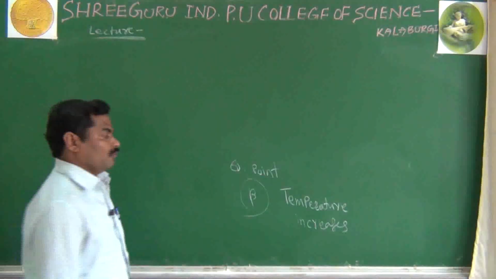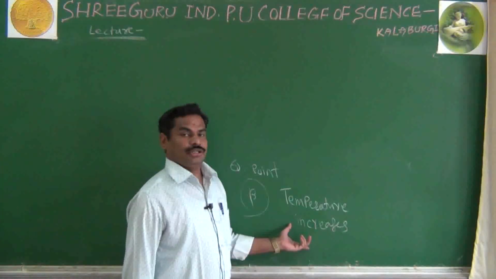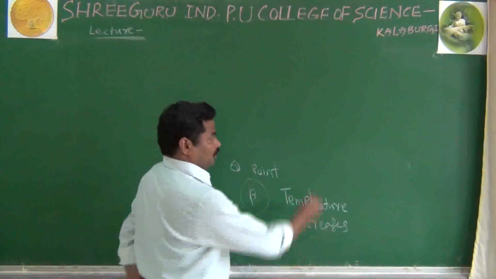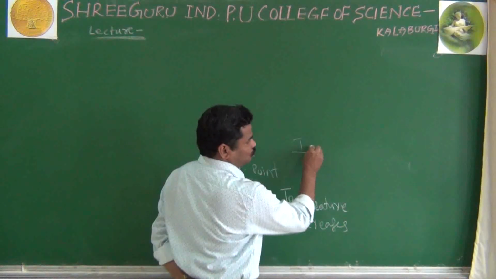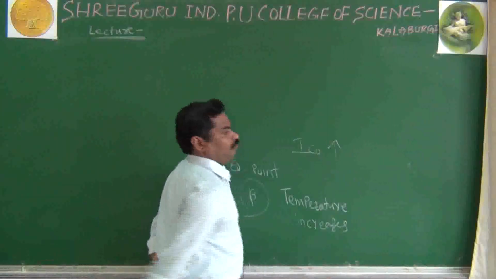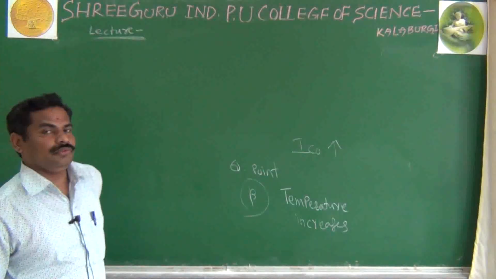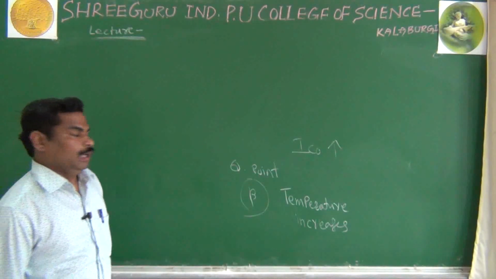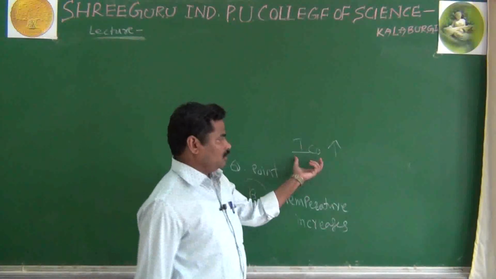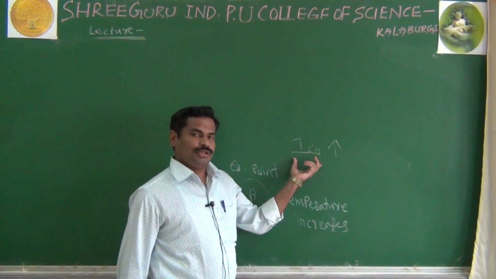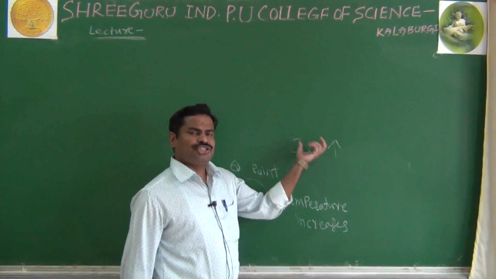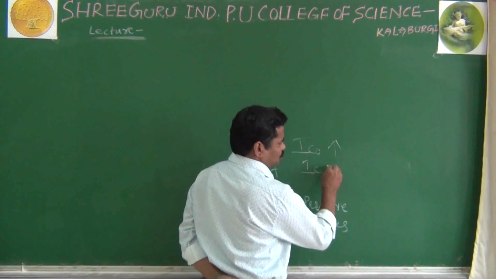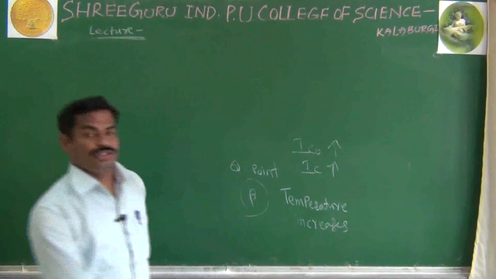As we know already, in a transistor, if the temperature increases, the reverse saturation current ICO increases, because the reverse saturation current depends upon the temperature. And once the reverse saturation current increases, the collector current IC also increases.